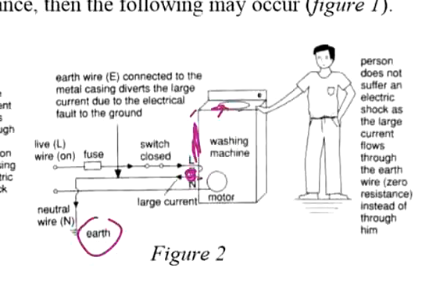So the earth wire connected to the metal casing diverts the large current due to electrical fault to the ground. The person will not suffer an electric shock as the large current flows through the earth, with zero resistance, instead of through him. So that is the reason.